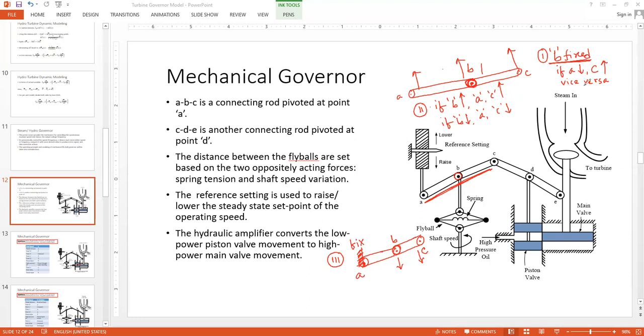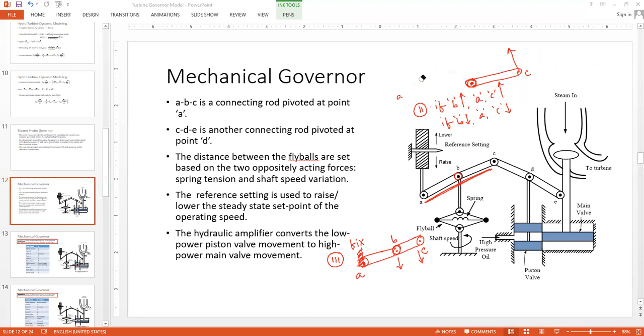This was case 1, the figure I have erased. This was for case 2. If B goes up and neither A nor C is fixed, then both should go up along with B. However, if A is fixed, then if I pull B downwards, C would also come downwards.